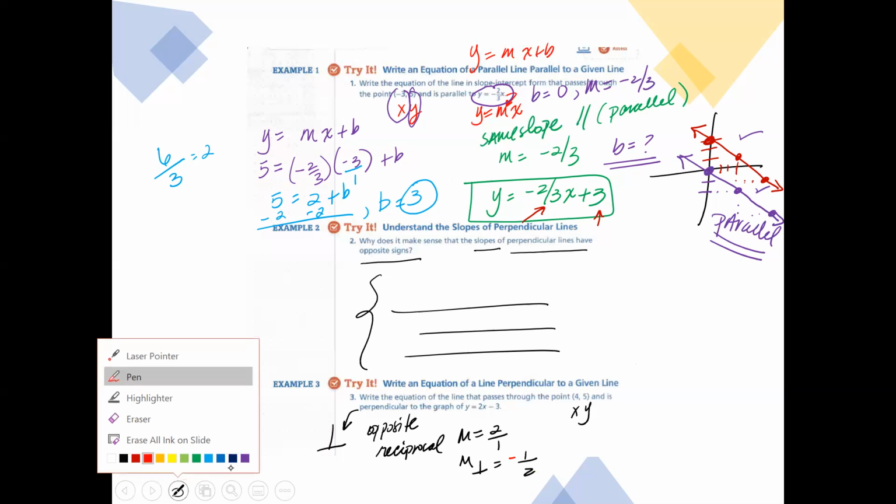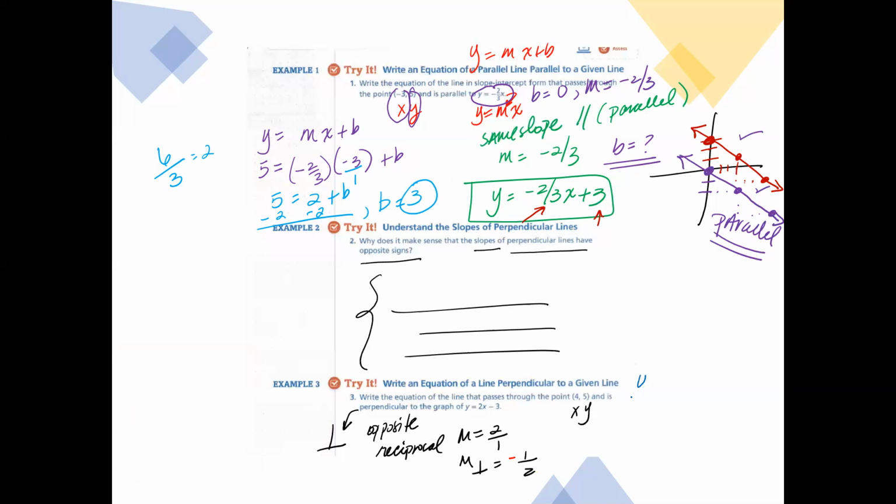Now that I have this, I can plug it into my equation, y equals mx plus b. My y, as you know, is 5. My slope that is perpendicular is -1 over 2. My x is 4, plus b. Let's simplify this. -1 times 4 is -4, and 2 times 1 is 2.